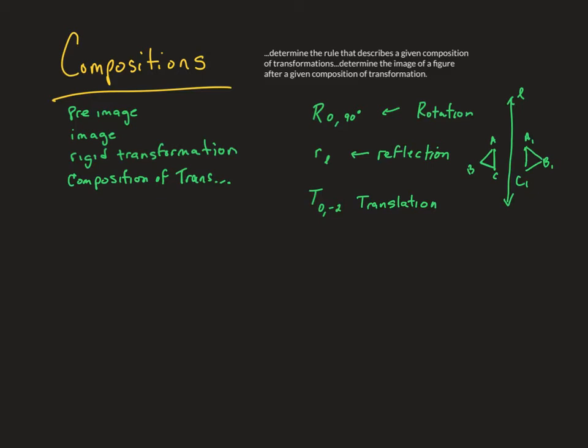For example, a combination of a rotation about G prime 90 degrees, and that would be after it was reflected over line M. So we're reading here that this would be my first transformation, and then this would be my second transformation.